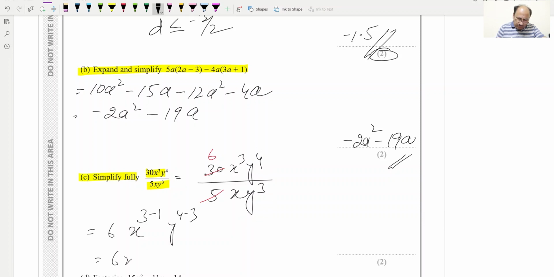So this will be equal to 6x squared and y cubed, sorry, y only, because 4 minus 3 is only 1. So 6x squared y, this will be a 2 marks question which we have done.